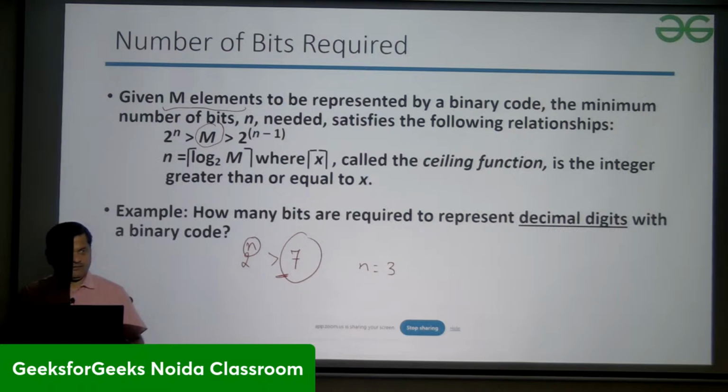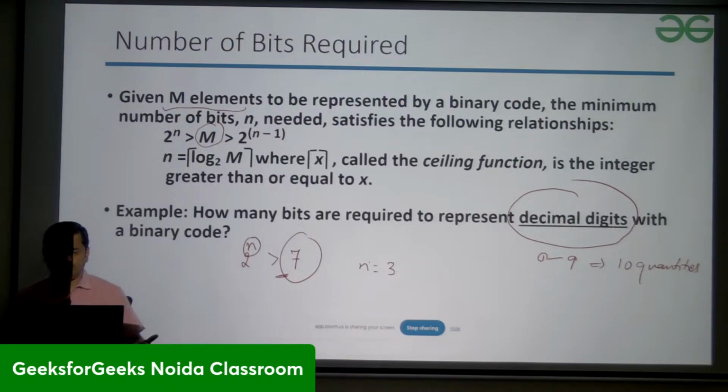Is that clear to everyone? The question says we need to represent decimal digits, 0 to 9. So these are 10 quantities that could be represented. How many bits are needed for this?